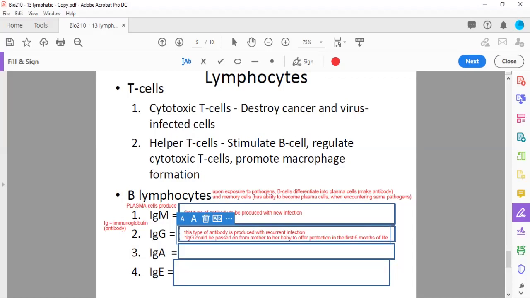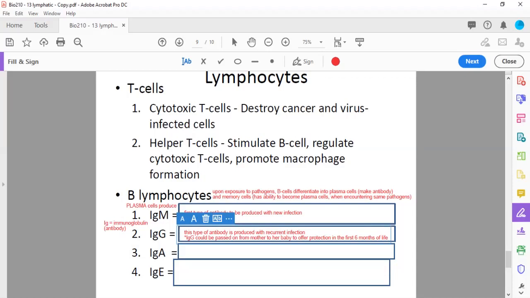After the first 6 months, the infant begins to produce his or her own IgM, IgG, and so on. But it is a form of survival in the sense that the mother protects her baby in the first 6 months using her IgG.